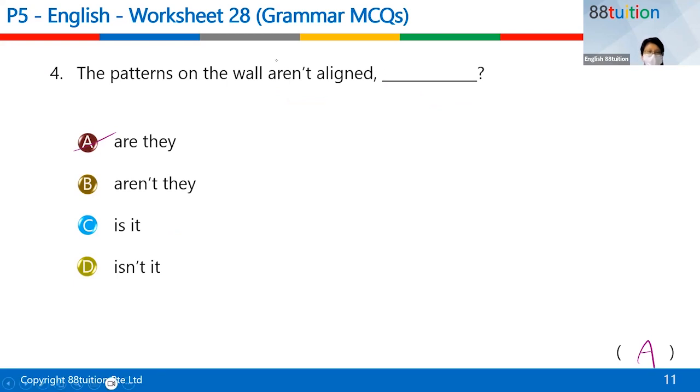I don't want to write, because when I write, it's so sensitive. Okay, this is negative, so not. And this is positive, because of the word are here. All right, let's move on.